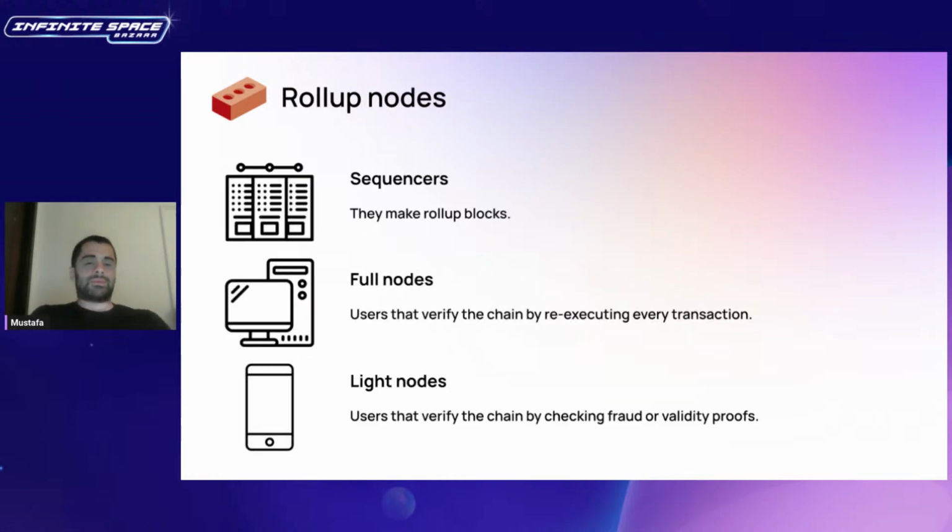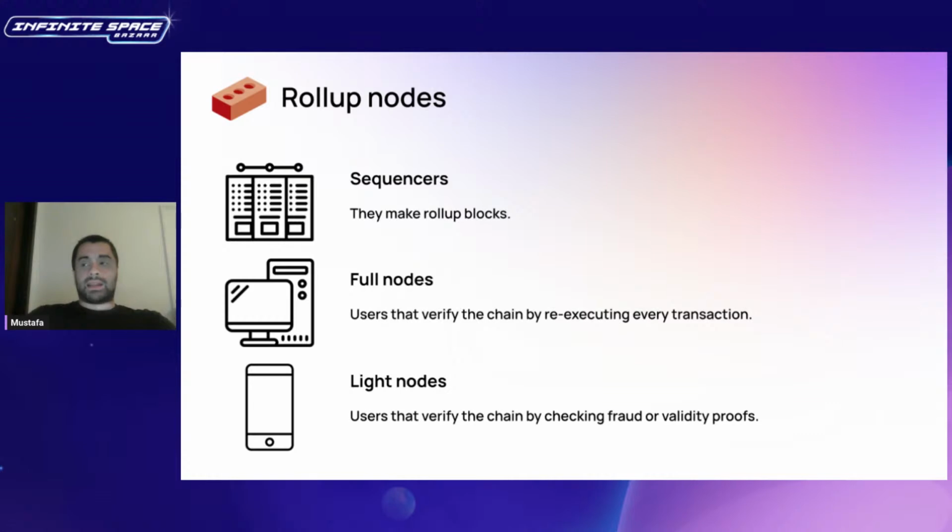So you have three different types of rollup nodes. You have the sequencers, which make the rollup blocks. You have the full nodes, which verify the rollup chain by re-executing every transaction and potentially making fraud proofs if the transactions are invalid. And finally, you have light nodes, and in the case of Ethereum, that could also be an on-chain light node that acts as a bridge.